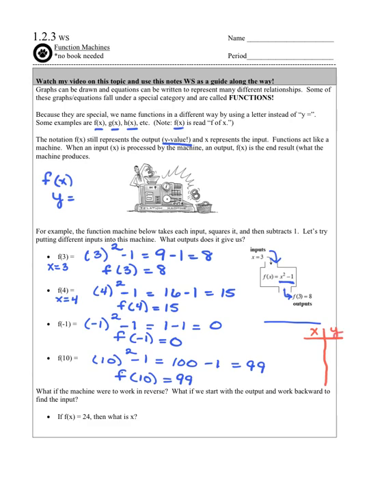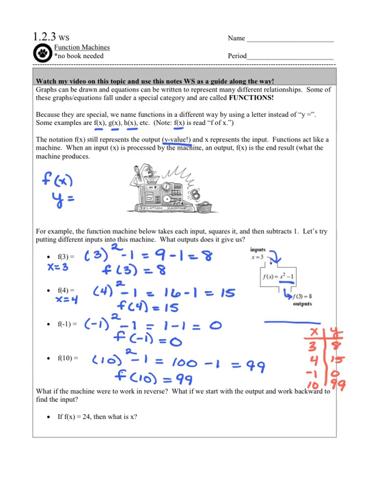We have our inputs, 3, 4, -1, and 10, and our function machine told us what those outputs were, 8, 15, 0, and 99. So again, f of x is just a fancy way of writing y equals, and it tells us we're not just working with any equation or any graph, we're working with a function.